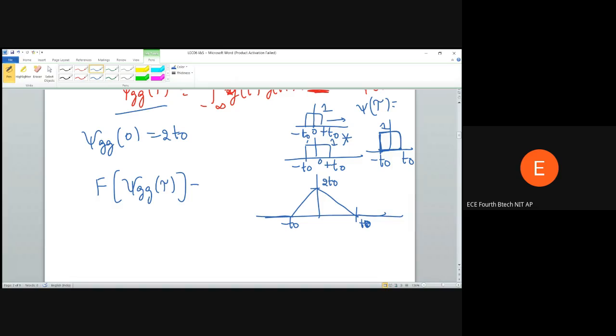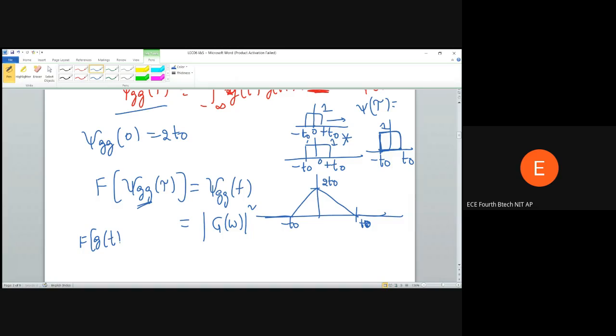Power spectral density means it will be the spectrum psi gg of f, which is equal to mod g of omega whole square. Mod g of omega whole square means the Fourier transform of g of t.